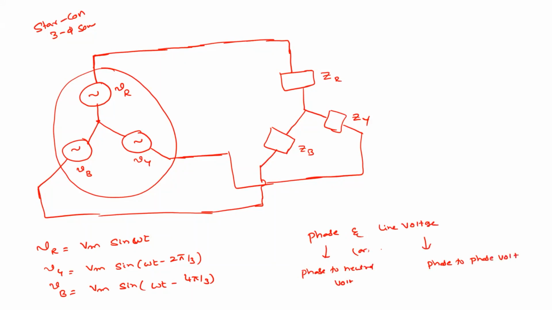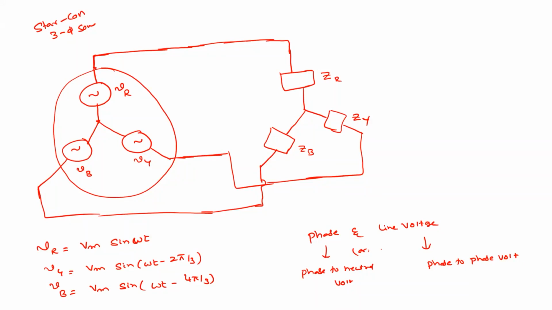Phase to phase voltage is known as line voltage. So we have two terms associated. The meaning of phase voltage is phase to neutral voltage, and the meaning of line voltage is phase to phase voltage, right?